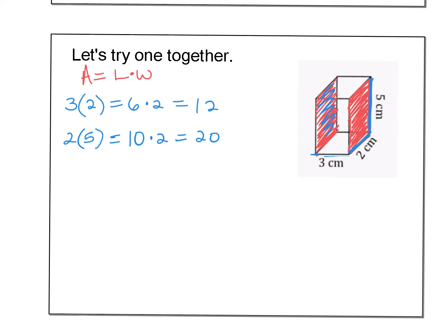All right, so now I have my right and left side, and I have my top and bottom figured out. The only sides that I have left of my rectangular prism to figure out are the front and the back. So now I've got this guy right here, the front of my rectangle.